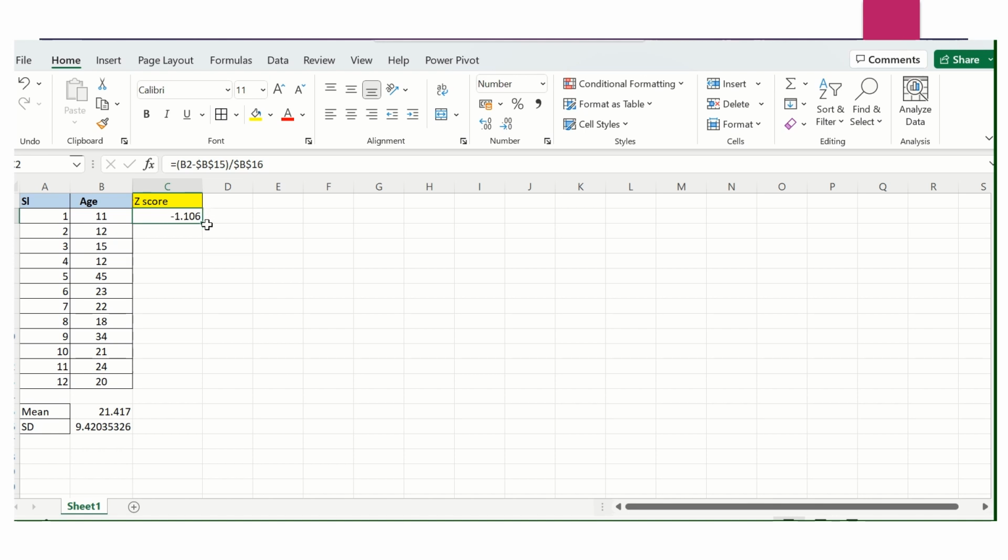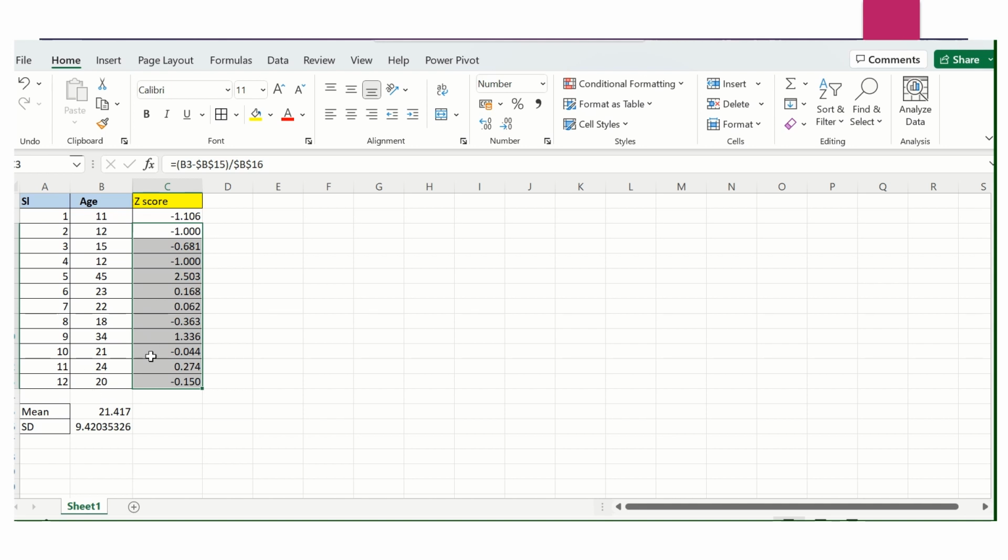So if you drag that one here, B3 changes to B3 minus B15, that is the mean, divided by B16, that is the standard deviation. So this is the formula through which we can calculate the Z score of this age group.